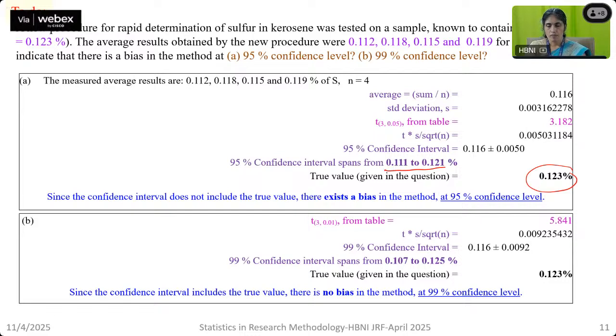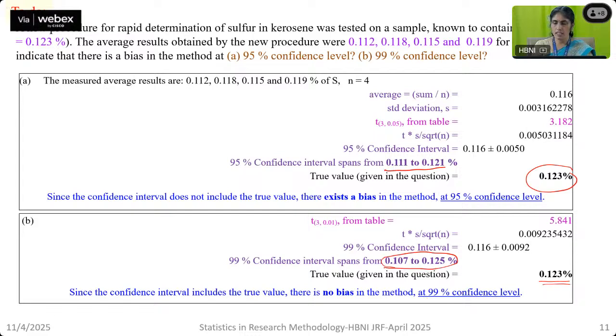Then you will see that the confidence interval encompasses the known value of 0.123%. So at 99% confidence level, bias of the newly proposed method is not visible. This is what I wanted to convey.